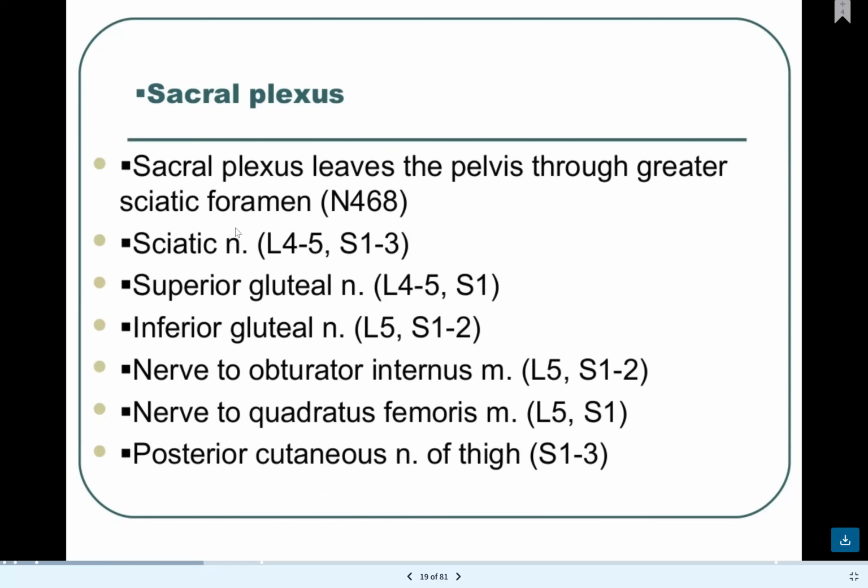And then this will branch into the superior gluteal nerve and the inferior gluteal nerve. It will also give rise to the nerve to the obturator internus muscle and the nerve to the quadratus femoris. So these are the nerves that will eventually innervate these muscles within the pelvic floor. And then the posterior cutaneous nerve of the thigh too.